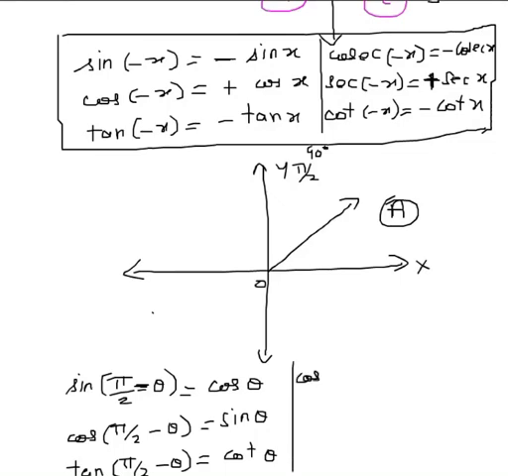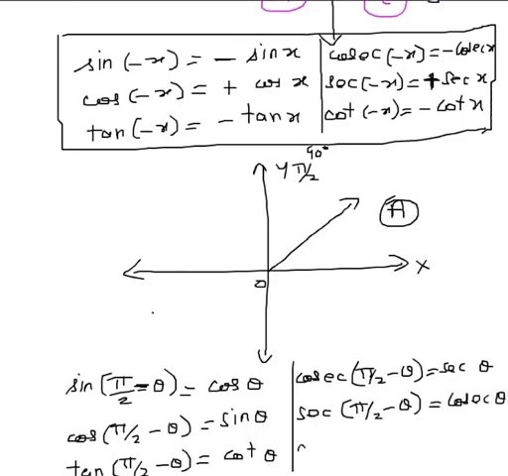And cosecant pi by 2 minus theta, first quadrant, since it is pi by 2, we change the ratio. Cosecant will become secant theta. And secant pi by 2 minus theta will become cosecant theta. And cot pi by 2 minus theta becomes tan theta.